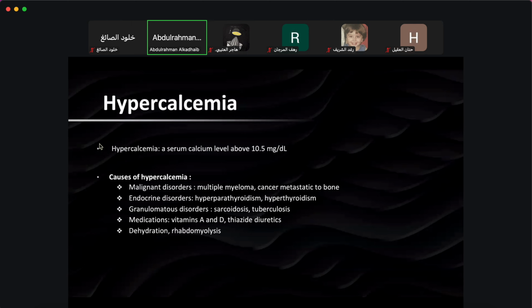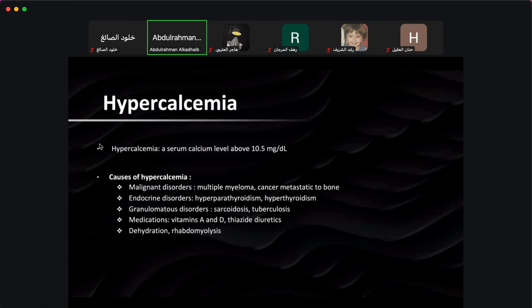So clinical features of hypercalcemia: I would say the calcium electrolyte disorders may actually cause some unique clinical features compared to the other electrolyte disorders. For example, hypercalcemia may cause severe CNS symptoms such as seizure or coma, and some cardiovascular complications such as bradycardia, AV blocks, or ventricular tachycardia.